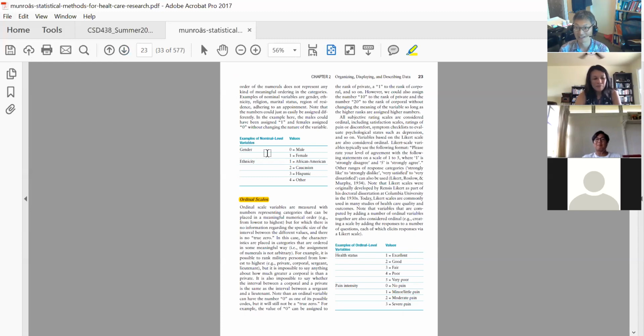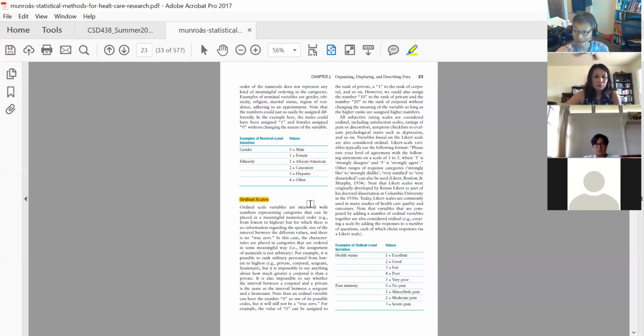But Likert scale itself, we can't say it's a purely continuous measure, because it goes from 1 to 5, it stops at 5, and there was no 0 at all. For example, health status: 1 is excellent, 2 is good, 3 fair, 4 poor, and 5 very poor.